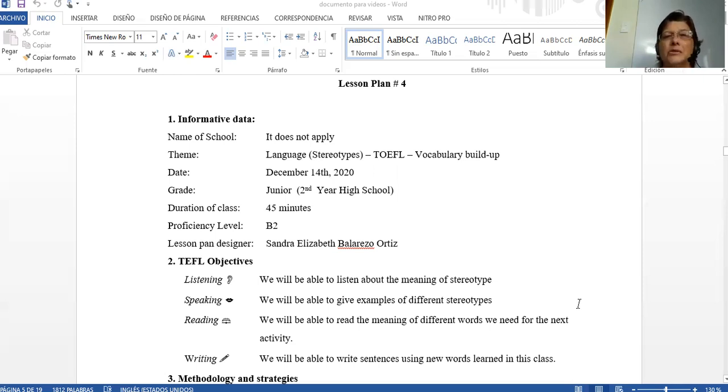It was a very interesting plan as I developed it, because when I read the title, before going into the planning itself, and before checking the other pages from the book, I realized that when I read to myself the word stereotype, two things came to my mind right away.